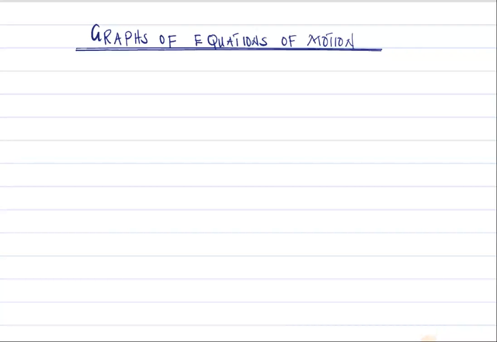Join me in this video as I explain the graphs of the equations of motion in physics, and we're going to look at two types of graphs, that is the velocity time graph and the distance time graph. All right, so let us start with the velocity time graph.